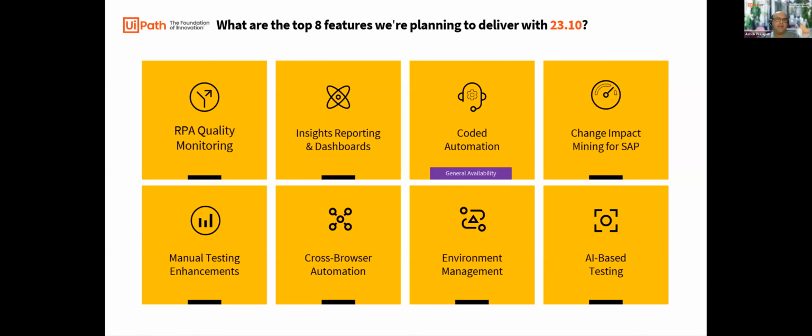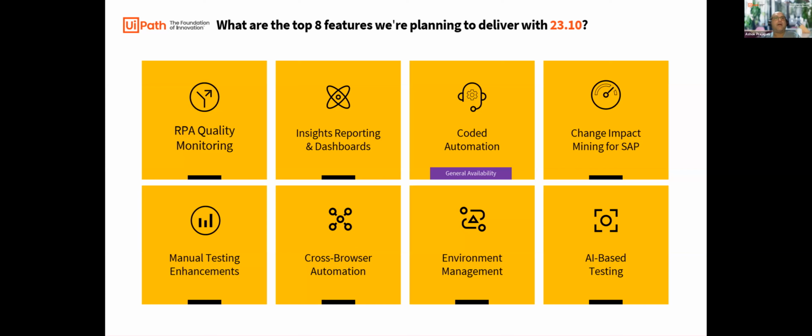We're building on the SAP capabilities with change impact mining, which will include AI capabilities to understand what your SAP application is doing and how you can test it in the correct manner. And then we're going to bring in things like AI-based testing, which will give some additional capabilities around machine learning.